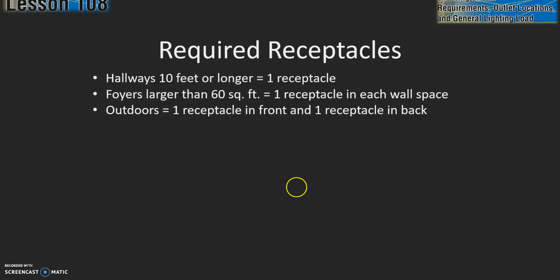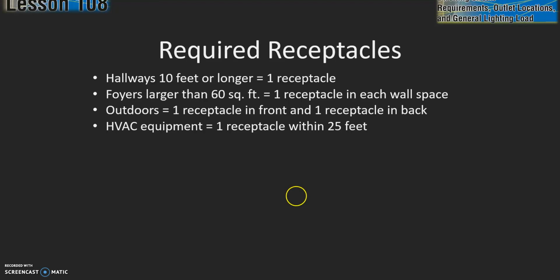So again, check the text carefully for that. For HVAC equipment, I need one receptacle within 25 feet of that equipment. That's for servicing. Sometimes, for instance, if you have an air conditioner out back, the one receptacle in the back of the house can also meet this requirement. So you can do two birds with one stone here too if you're creative.